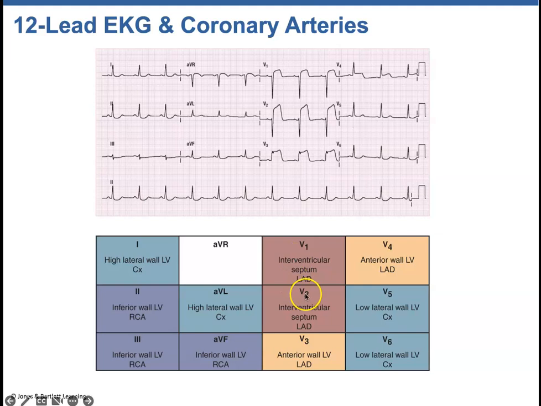So look at this, V1, V2, we got a problem here. ST elevation, and then we look at V3 and V4, this is also LAD, and now you're definitely looking at that anterior wall of the left ventricle. So that whole anterior wall and the interventricular septum of the left ventricle is having a problem getting a blood supply. And so what this is indicating is that the LAD has a blockage.